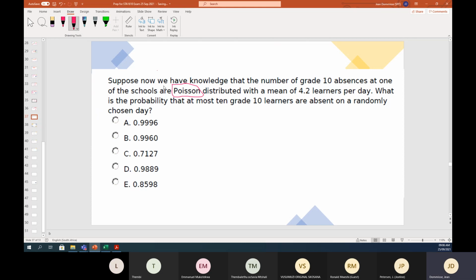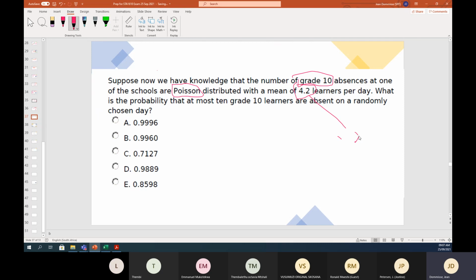Suppose now that we have knowledge that the number of grade 10 absences at one of the schools are Poisson distributed with a mean of 4.2 learners per day.